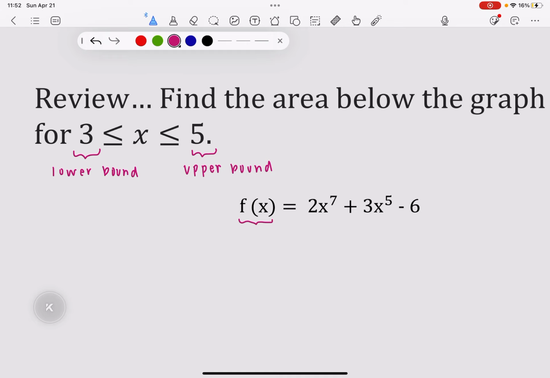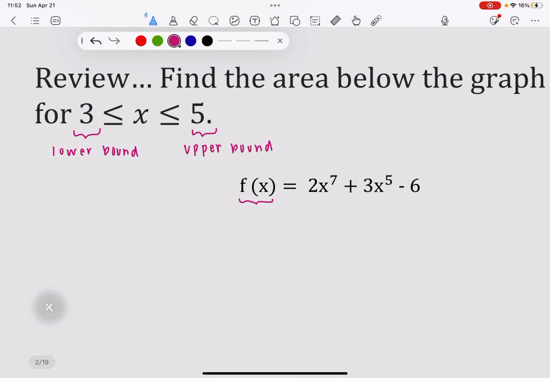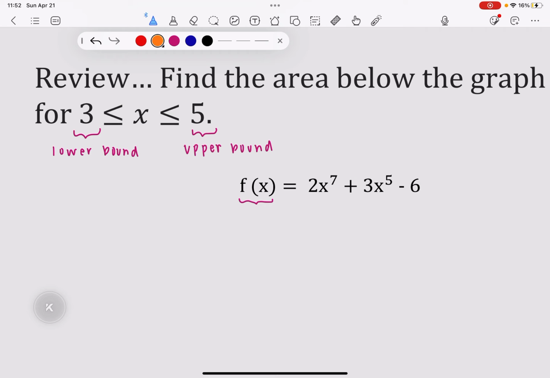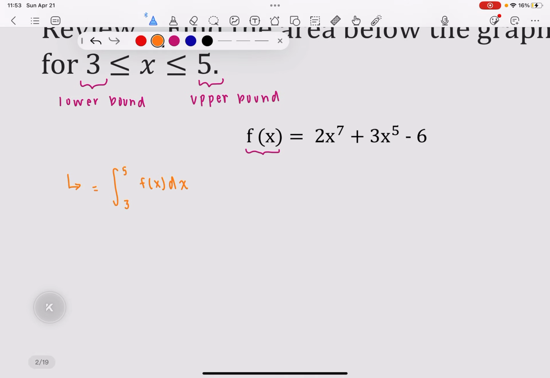So we're going to create an integral with the given information, and in order to do this, we just need to apply what we know. So we know that the integral is going to be from a lower bound of 3 to an upper bound of 5. And then we're going to write f of x and then the antiderivative of that as we do the integral.